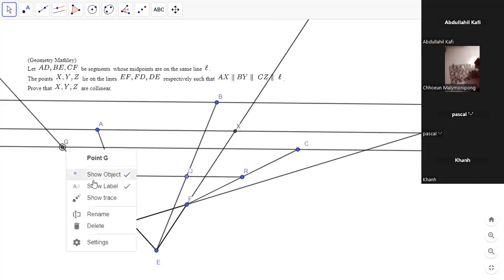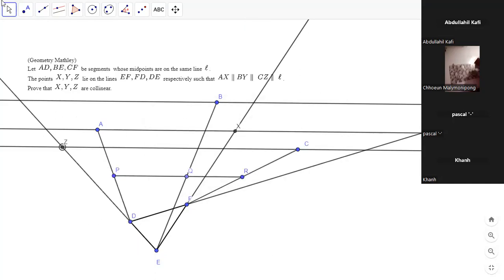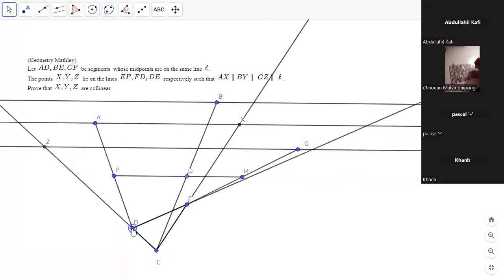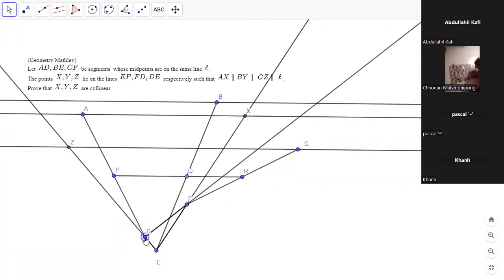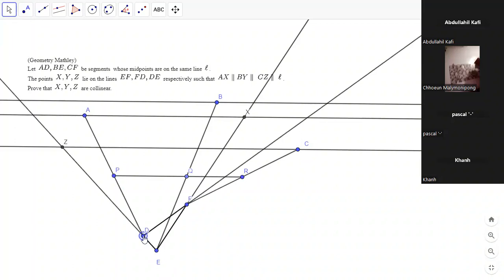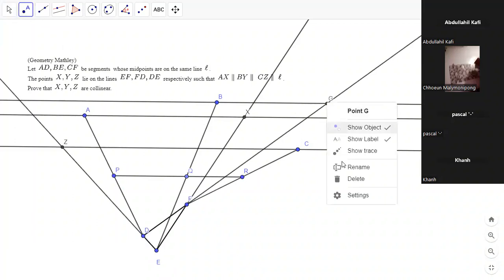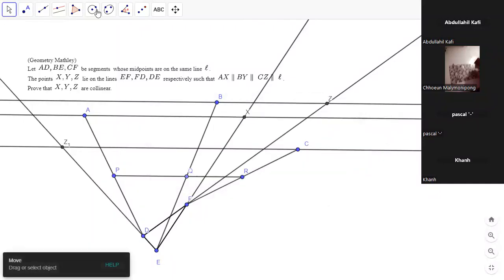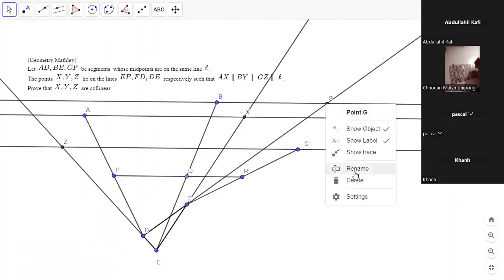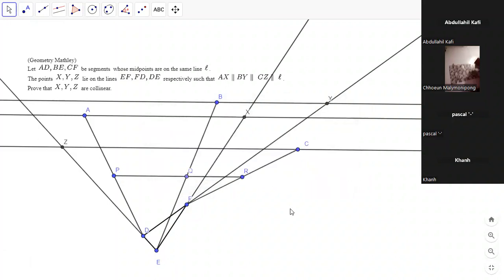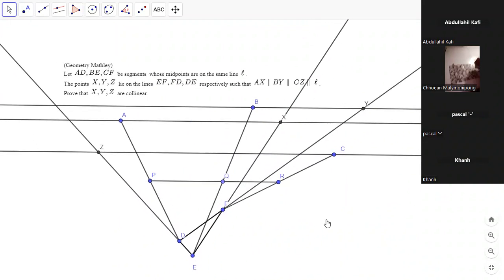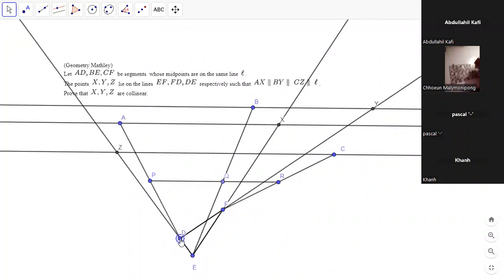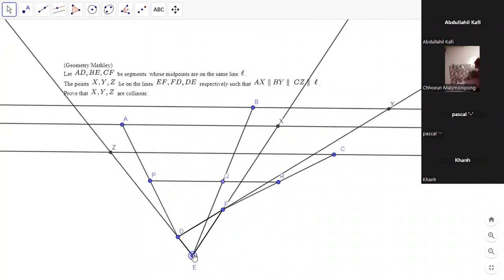It should be C. I want to make FD, yeah, something like this. And we want to show X, Y, and Z are collinear. This should be Y. Okay, I think that's good. So, yeah, I'm just trying to make it a nice diagram.